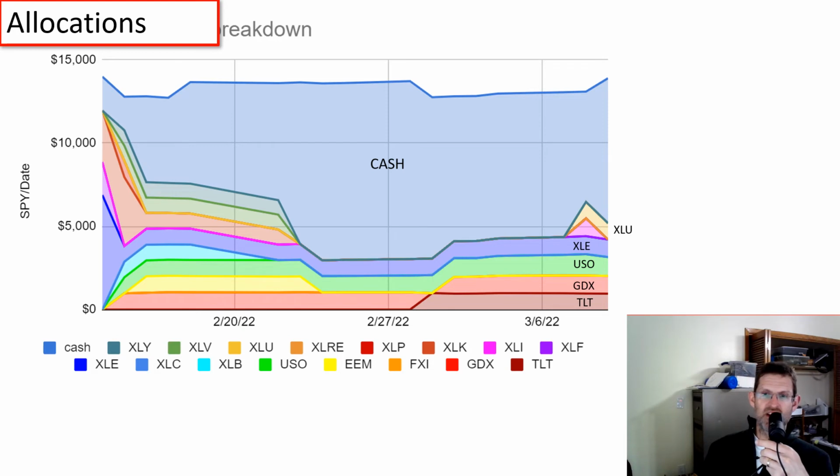Currently, if you look on the right side of the plot, you'll see the 5 stocks that I'm long right now: TLT, the bond fund, GDX, gold miners, USO, which is crude oil, XLE, which is the energy sector ETF, and XLU, which is the utilities ETF. And that's the interesting one. I was in XLI yesterday, but just barely, so I came out again.